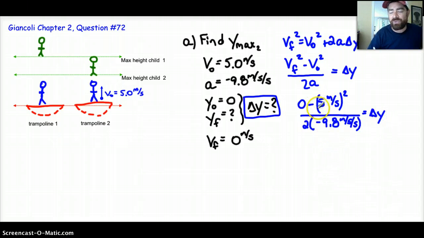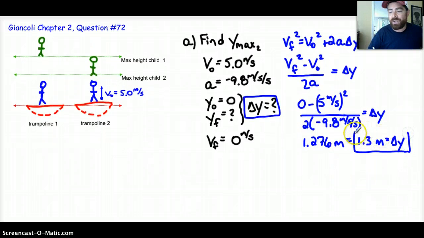I'm going to have a negative 25 in the numerator and a negative 19.6 in the denominator, and for part A I get 1.276 meters. Truncating for significance, I would call that 1.3 meters as my answer, the one that I would communicate on a summative for delta y.